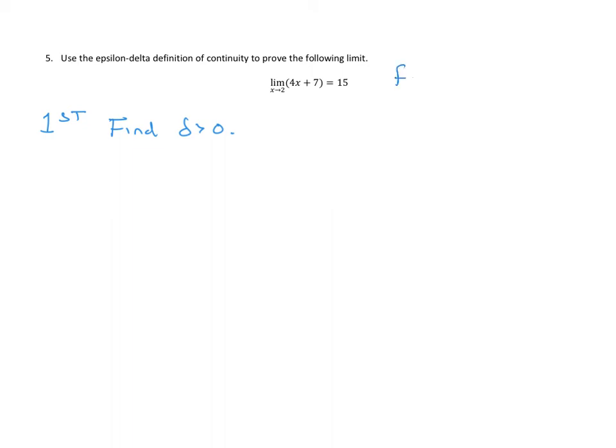I'm going to let f of x equal the function 4x plus 7. And we're going to assume that the absolute value of f of x minus 15 is less than some epsilon greater than 0. We are going to plug this function in place of f of x and simplify this expression in order to somehow figure out what delta is. So that is f of x minus 15, which is 4x plus 7 minus 15.